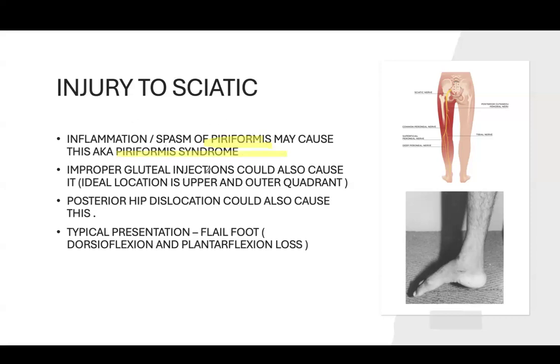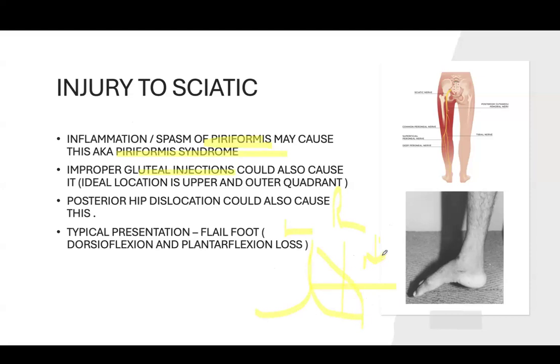Another way the sciatic could be injured is via gluteal injections. So normally, let's assume this is your gluteus, right and left. The main area you would do a gluteal injection is the upper outer quadrant, which means this quadrant right here, because the sciatic nerve courses from the outside something like this, right?